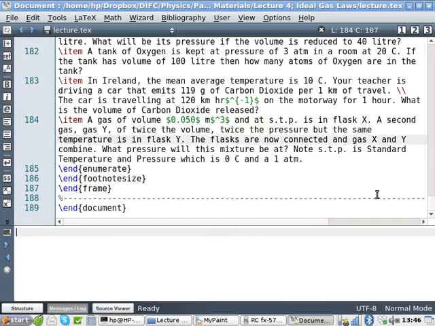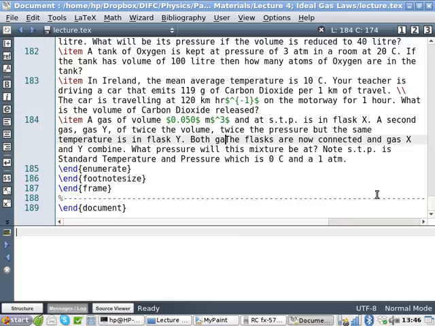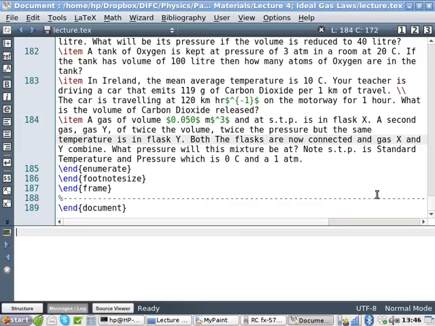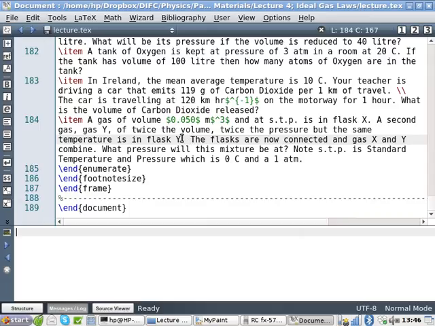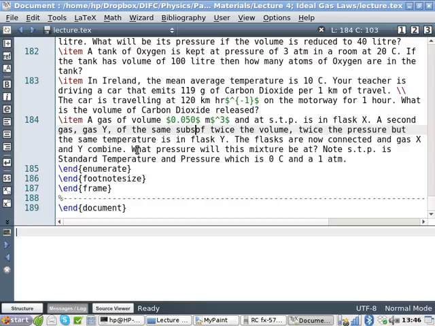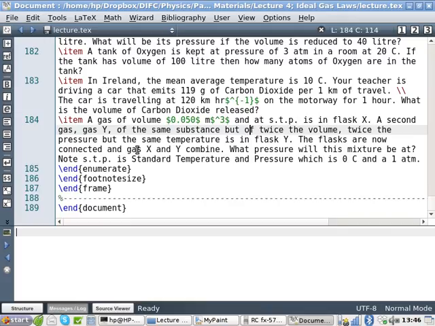And also, I think I'd like to say both, a second gas, gas Y, of the same substance, but there we go, twice the volume, twice the pressure, and the same temperature. Okay, now we're good.